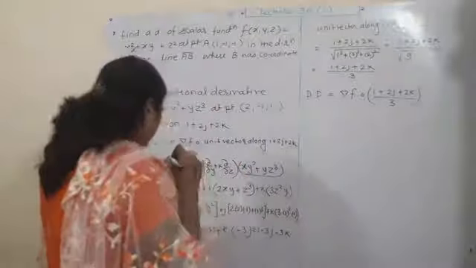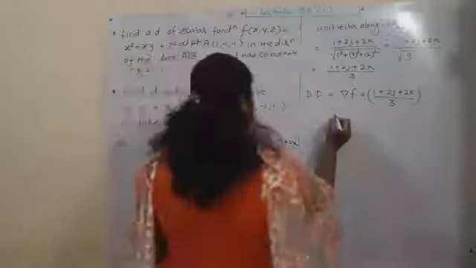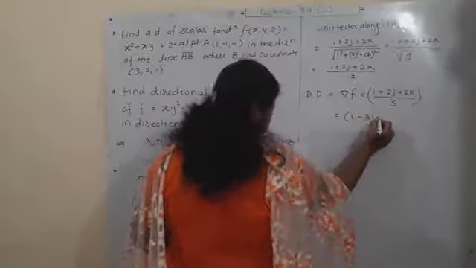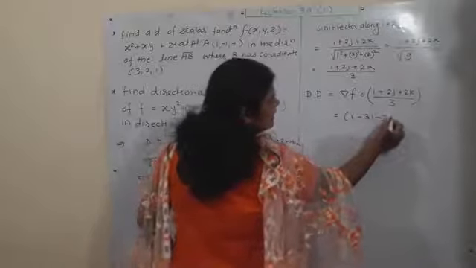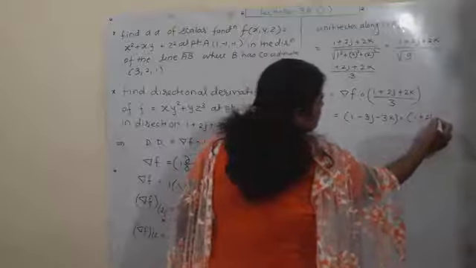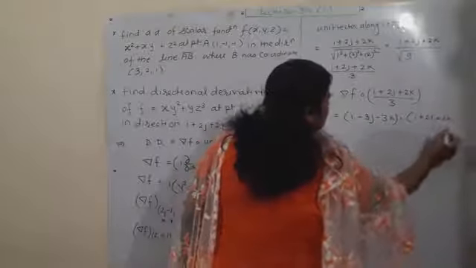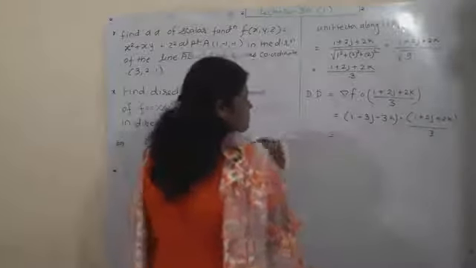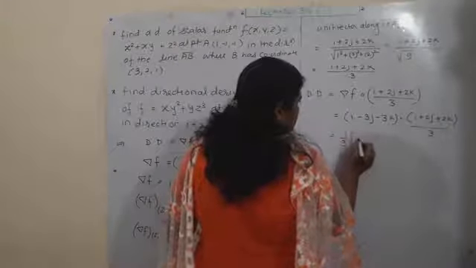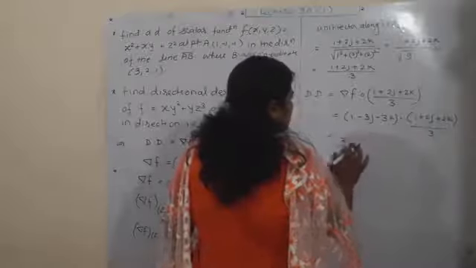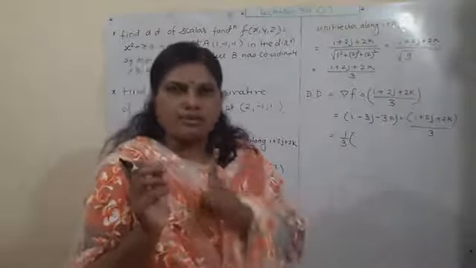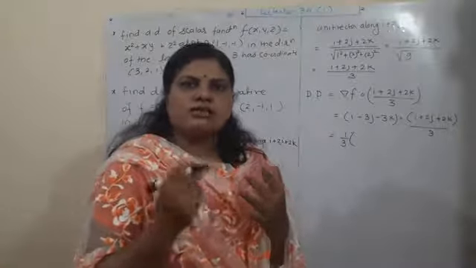So here the grad of f is i minus 3j minus 3k dot i plus 2j plus 2k, and in division there is a 3. So 1 by 3 we take out, as it is a constant quantity, not a vector term. Now you have to take the dot product, and we know that the dot product of the same vector is 1. So i dot i is 1. When you take i dot j, it becomes 0.